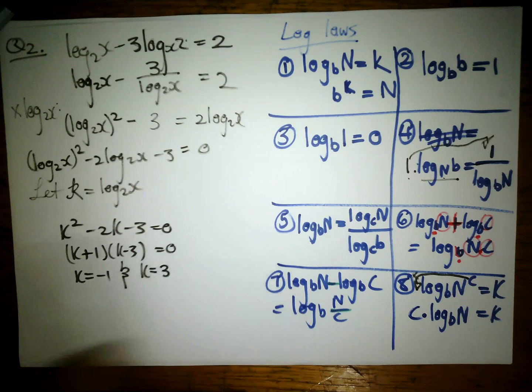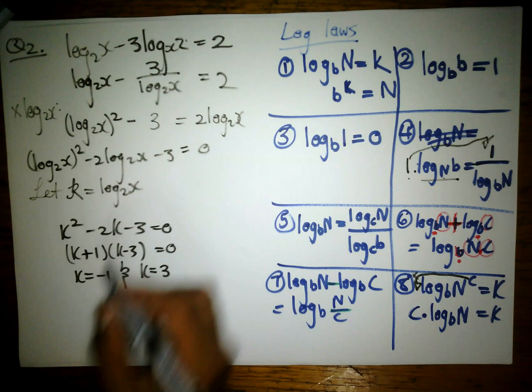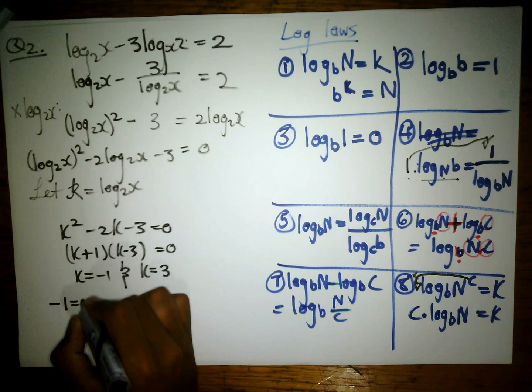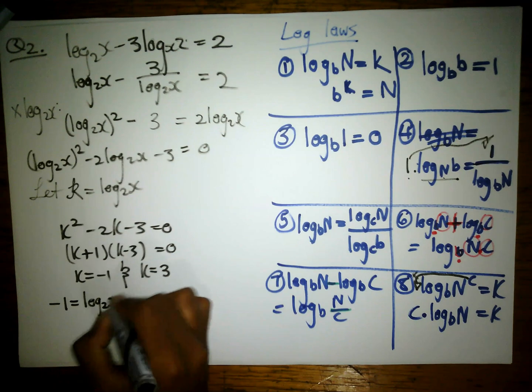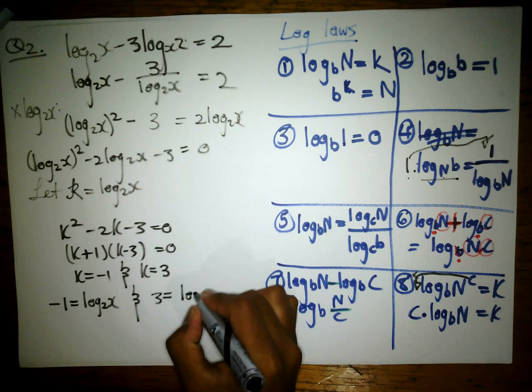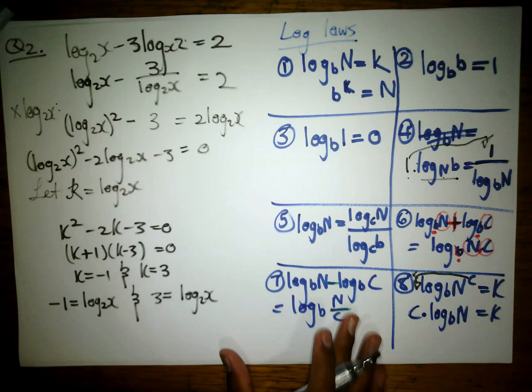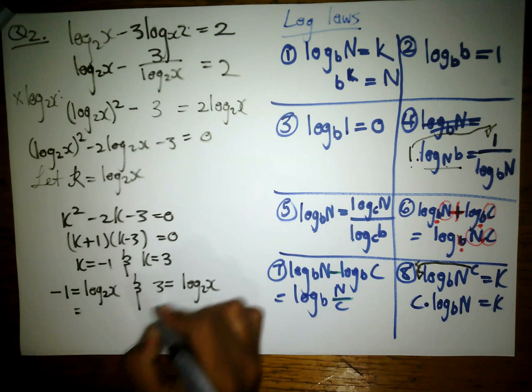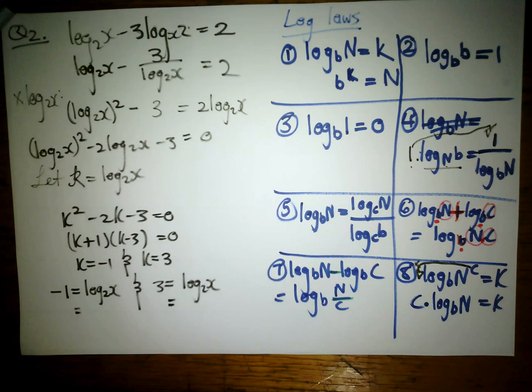So if K is equal to log 2x, then that means negative 1 equals log 2x and 3 equals log 2x, like that. How do we simplify from here? Using the rules. Can anyone see? Can anyone tell me? What rule am I going to use to get the value of x?